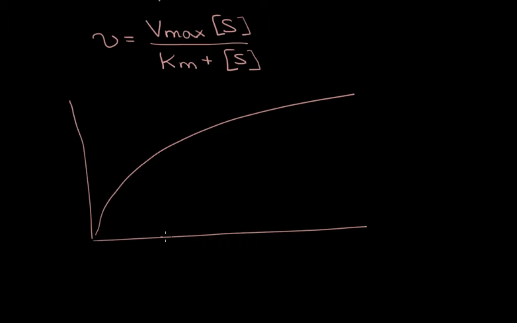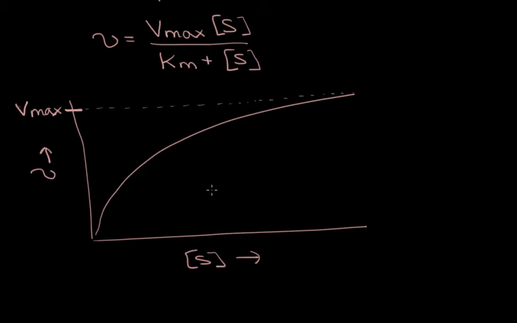So we've got the concentration of substrate increasing across the bottom, and we've got the velocity increasing along the y-axis. Okay, so from this, the maximal velocity, or the Vmax, is the top point of the curve.